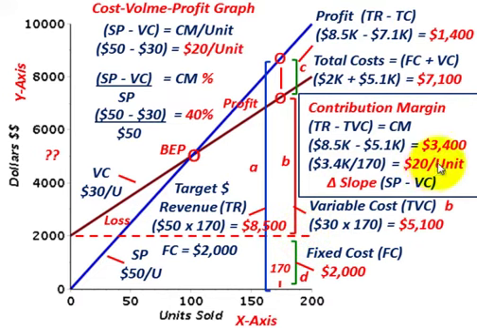So on a unit basis, the contribution margin would be simply the $3,400 divided by the 170 units sold. So on a unit basis, you get $20 per unit.